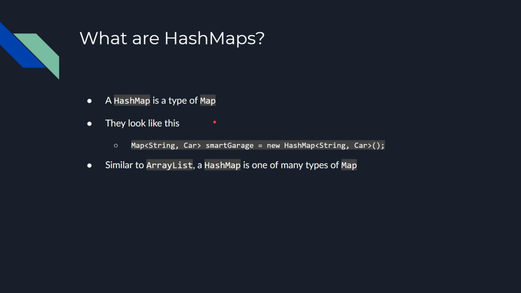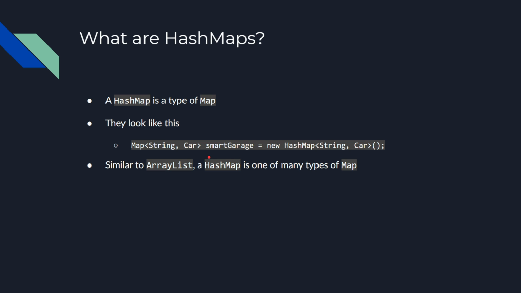So you can't create a map directly, just like you can't create a list directly. So instead we have something called a hash map. And a hash map is really just the most common type of map. We're not going to go over exactly how a hash map works. It's a bit complicated, too complicated for this class.